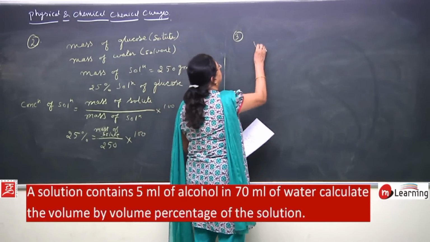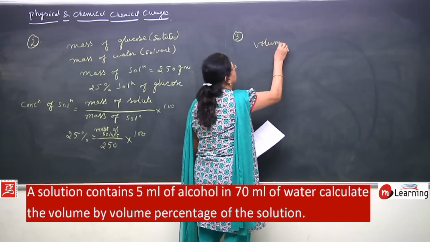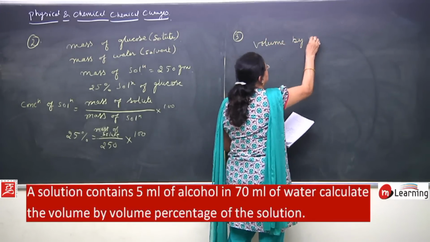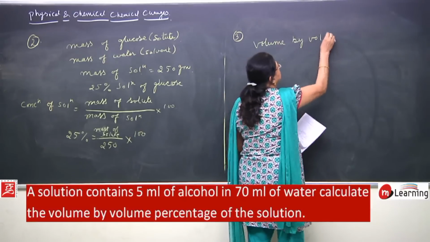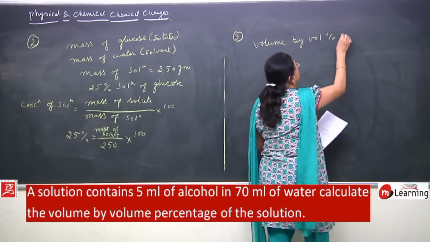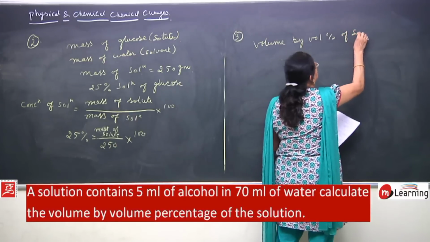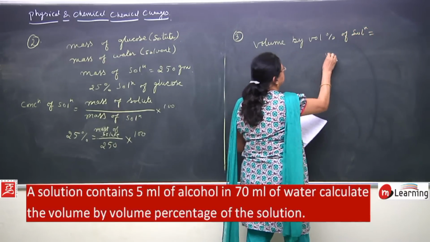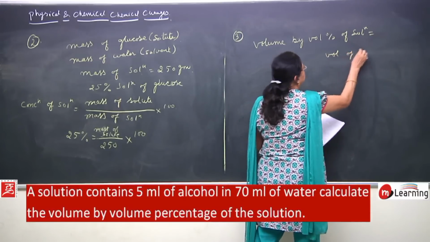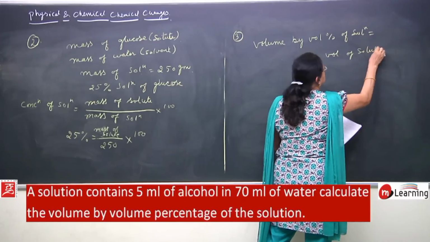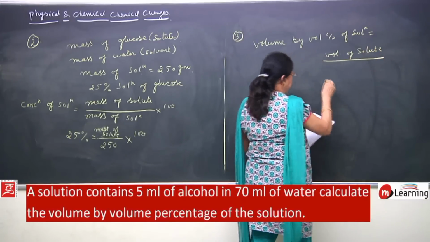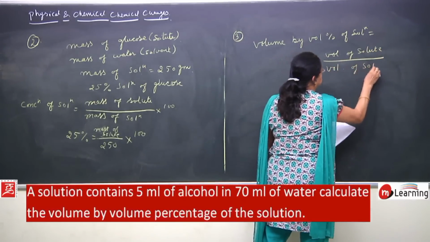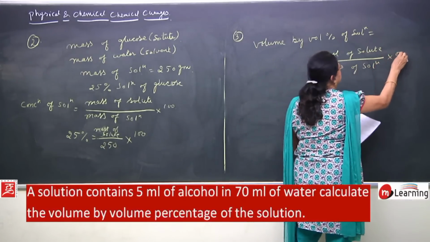Now, volume by volume percentage of solution, this formula we already know, that this is equal to volume of solute upon volume of solution into 100.